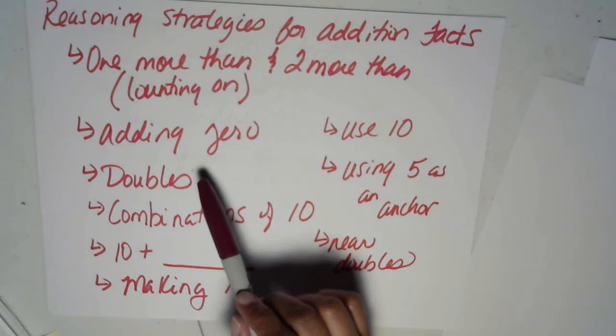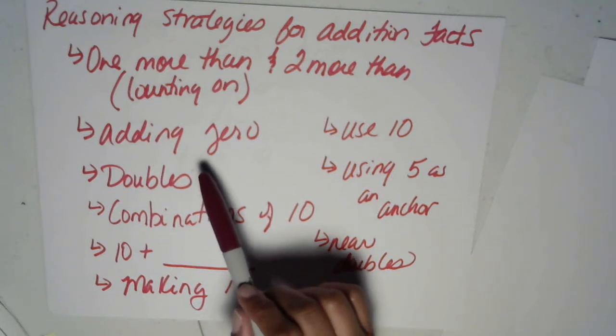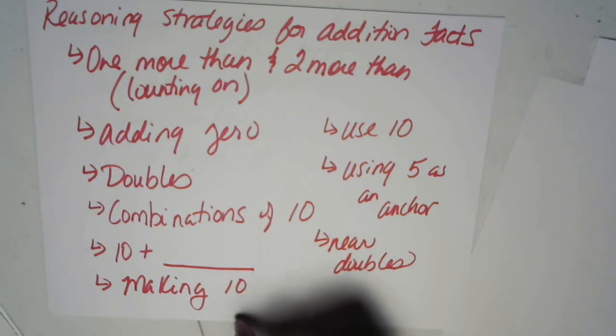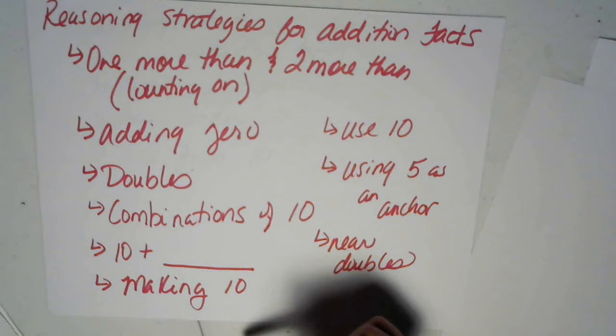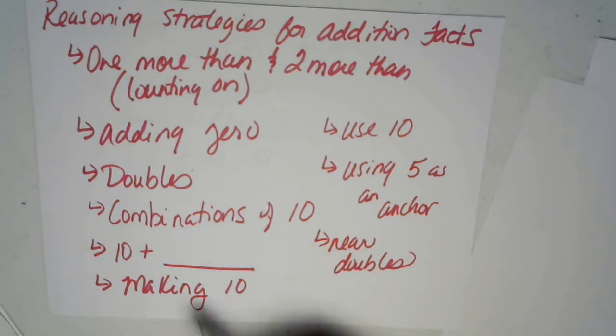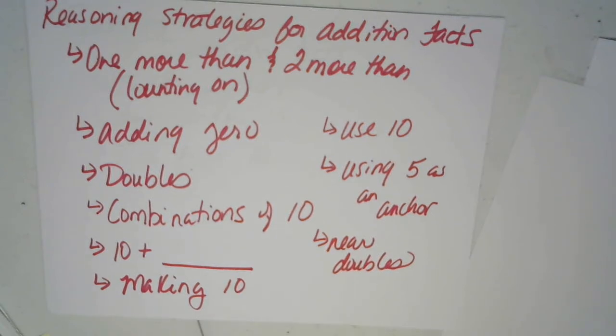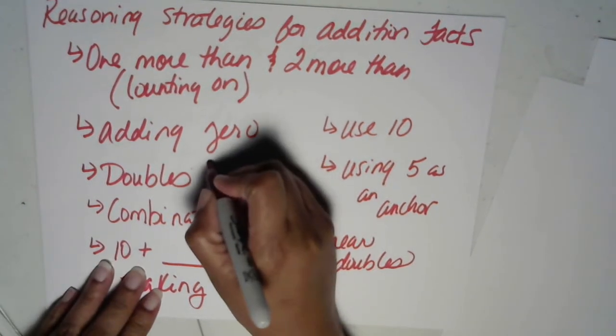There are 10 double facts, from 0 plus 0 to 9 plus 9. These facts are foundational and provide the basis for the near double strategy. So it's important that you spend time helping students with the doubles.